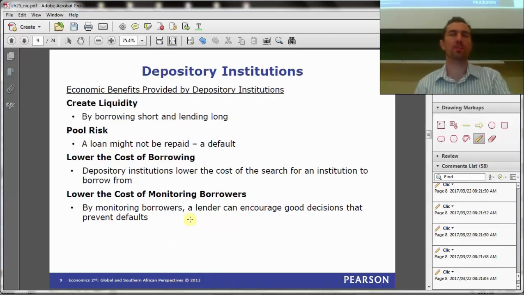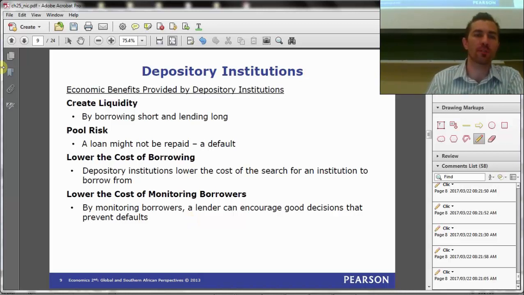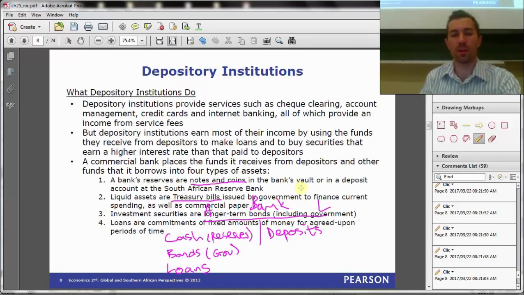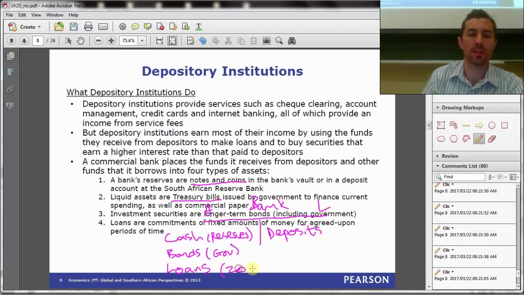Why does a bank have this structure? What does it do? What are the benefits that it offers? Okay, in other words, benefits. Can create liquidity. What do we mean by create liquidity? Well, if we look at these loans, like I said previously, these tend to be fairly long term. In other words, let's say that these are 20 years plus, whereas the deposits tend to be call deposits, in other words, very short term.